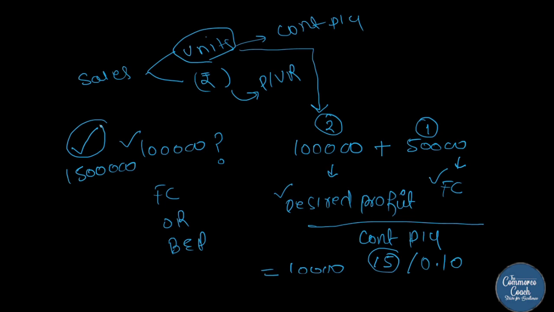I have to make sales of 15 lakhs to earn a profit of 1 lakh, or I can say I have to sell 10,000 units to earn a profit of 1 lakh. So in both ways you can find it out.